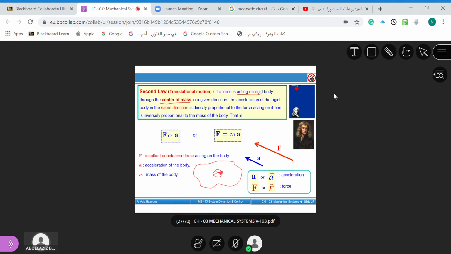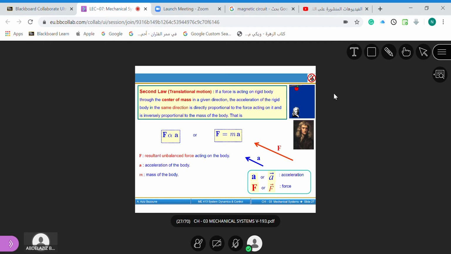If it acts in another place, it will make rotation. So the body will be in rotation. That's why we are assuming that they are all passing through the center of mass, so it will be translating. With this relation, F will be proportional to the acceleration, A.